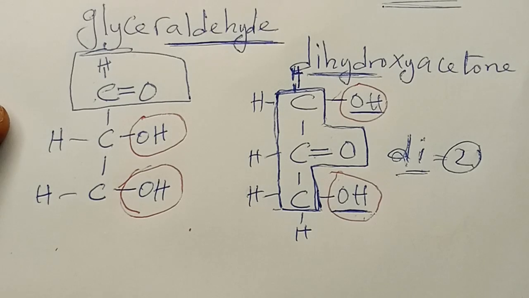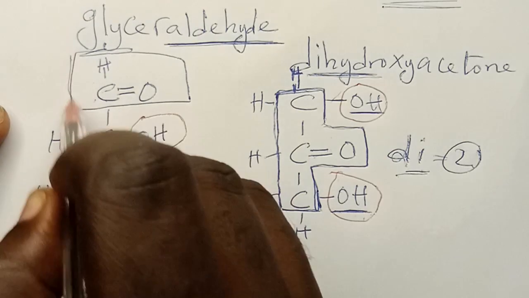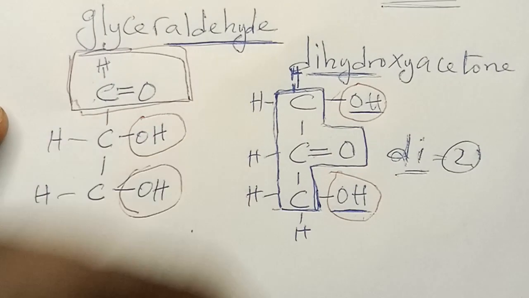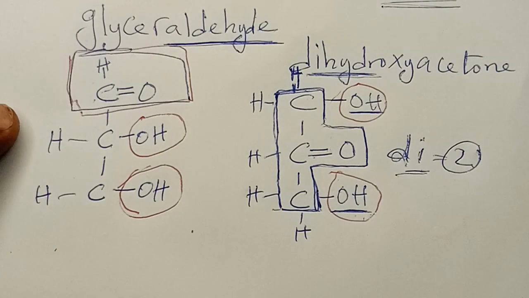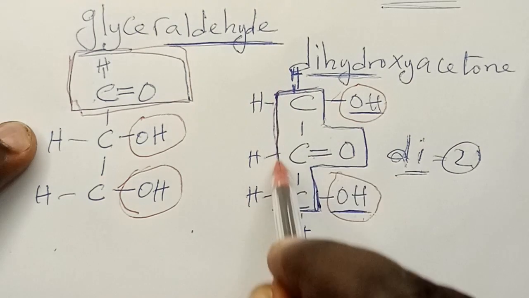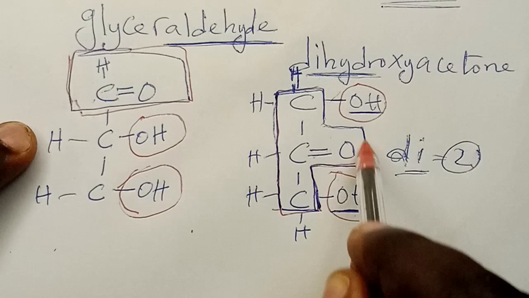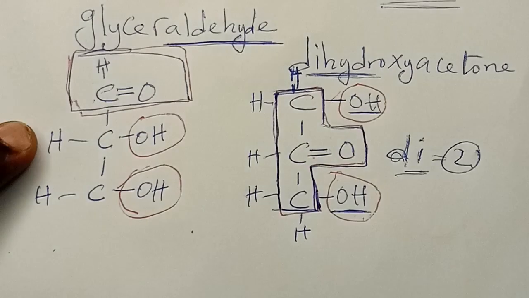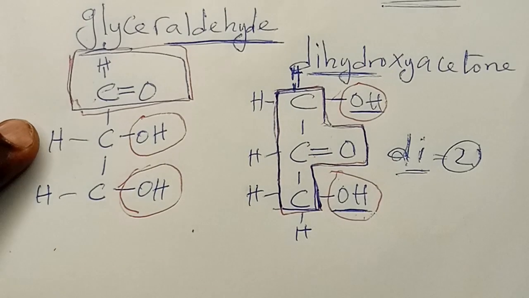And we have also stated that all carbohydrates have the property of either being an aldehyde. As you can see here, this is an aldehyde. Or all carbohydrates must either have ketones or a keto group. This is the keto group here, as you can see. So those are some of the properties of carbohydrate.